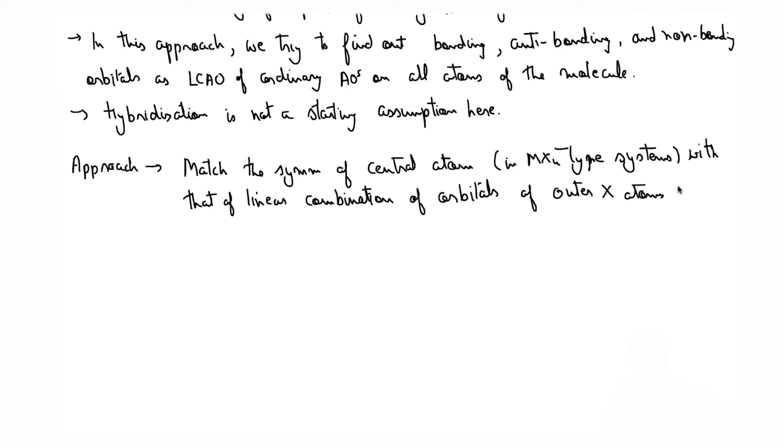You already know what the atomic orbitals of the central atom are. This M is called the central atom, and X is called the pendant atoms.